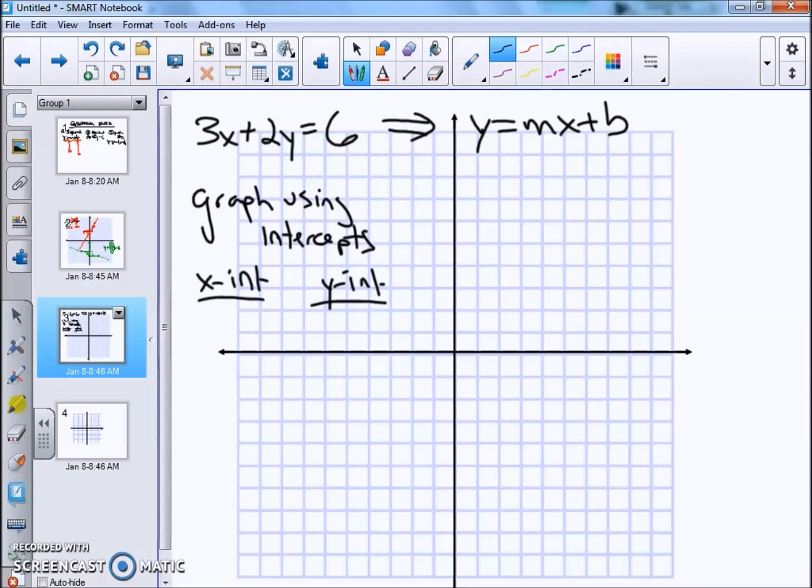So x-intercept, y-intercept, how do I find them? Any ideas? Think back to that survey we took. The first couple questions were on x and y intercepts. Every x-intercept has something in common.